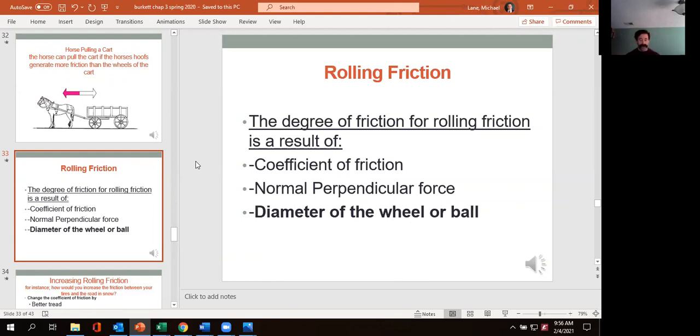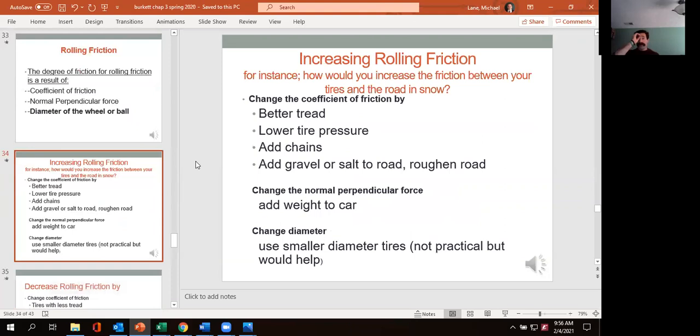To improve our rolling friction, the better job we do of gripping, which causes more resistance to movement but also increases our traction and decreases our chance of sliding, is having not just better tread but lower tire pressure, so more of the tire touches the ground. And then you can add chains, gravel or something else to help improve it.